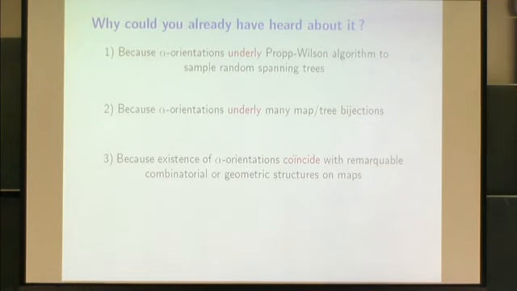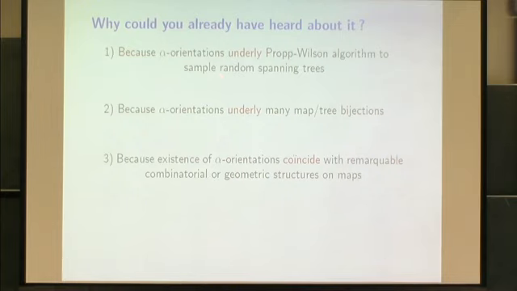But in fact, you have even more reason to already know about alpha orientations. They actually go back to work about spanning trees and also dimer configurations on the grid, as I will briefly recall.